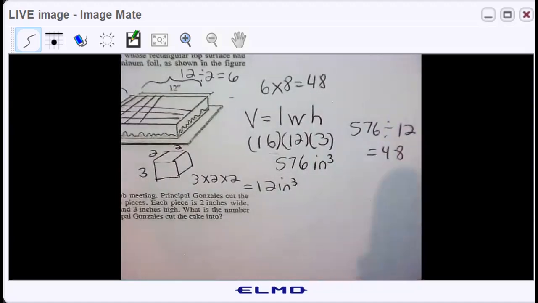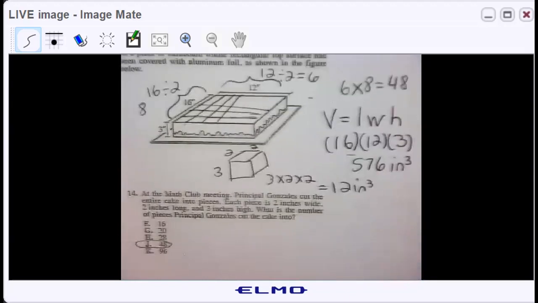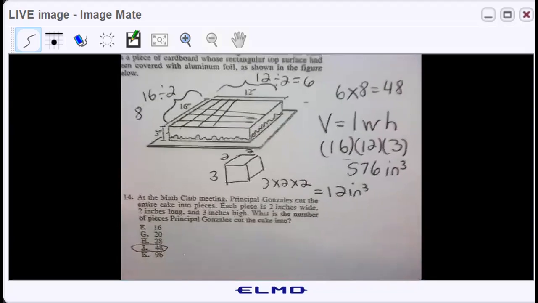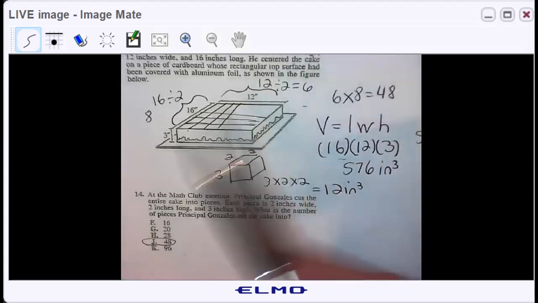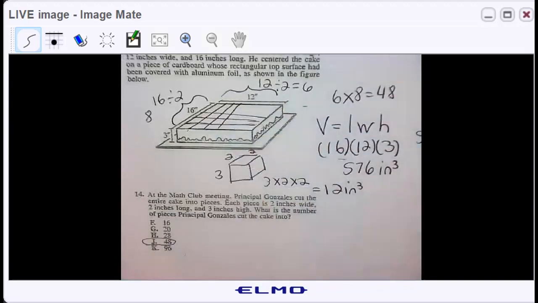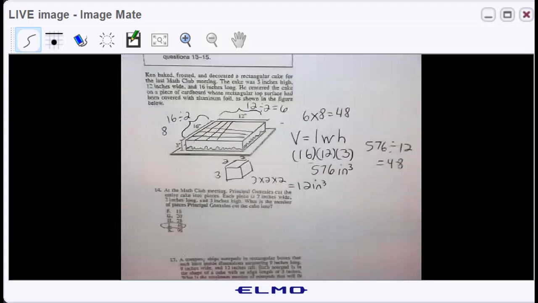So a couple of alternative ways to think about this cake problem. And again, the word problem itself is not as important as really just the picture with all the dimensions on it, and of course, the work of how we found the answer.